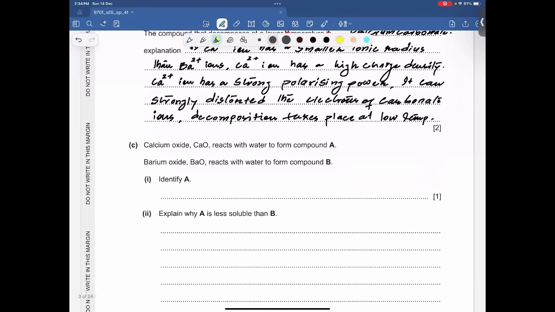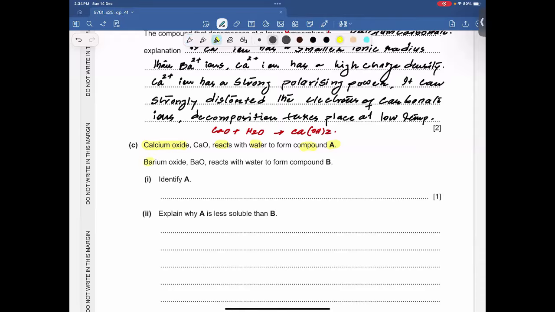In the next part of the question, calcium oxide reacts with water to form compound A. So let me write the equation first. We have done that in group 2, I believe, in A1. So when calcium oxide is placed in water, it will turn to calcium hydroxide. By the way, calcium hydroxide is also called lime water or slaked lime.